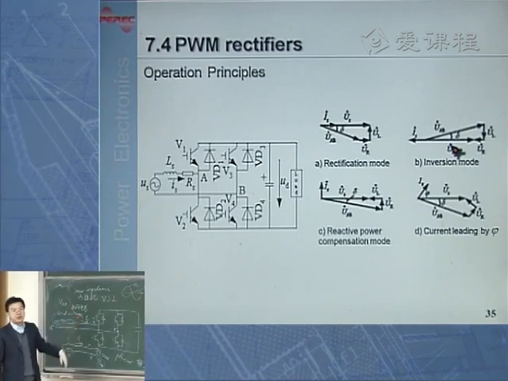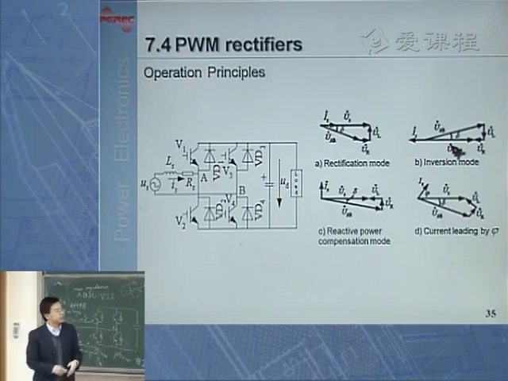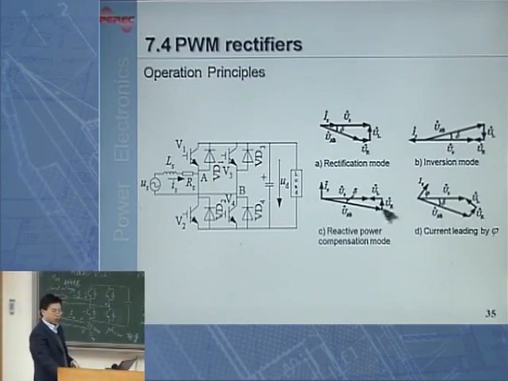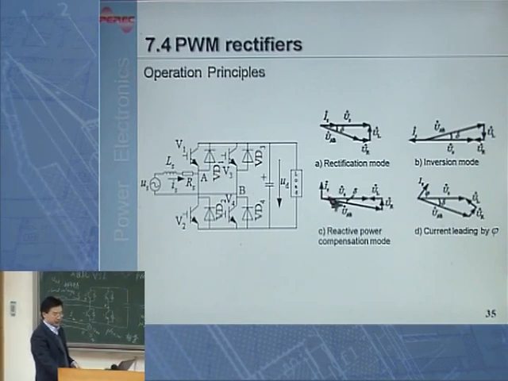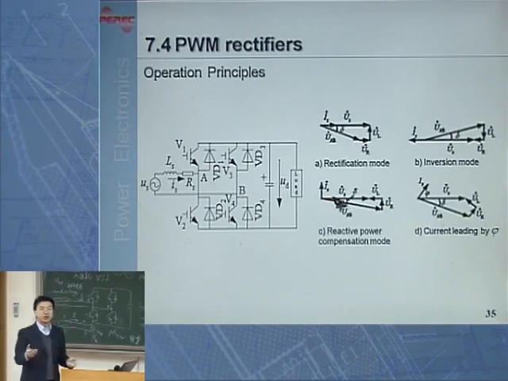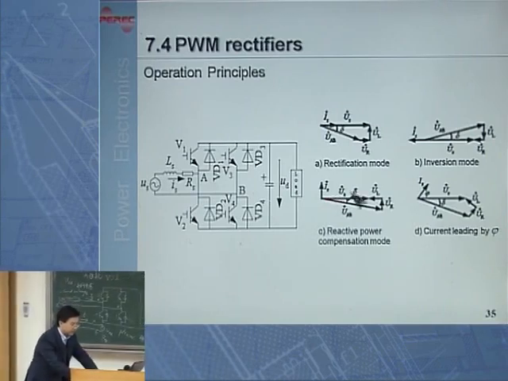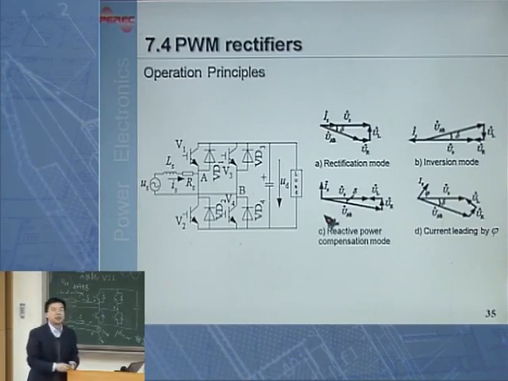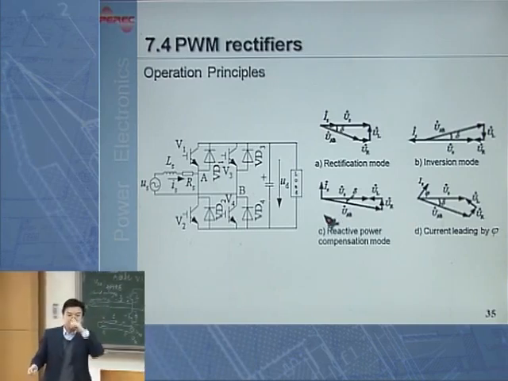Particularly in cases C and D, when this current has the phase angle leading the grid voltage by 90 degrees, or, in another case, I can also control it lagging US by 90 degrees. That means what?